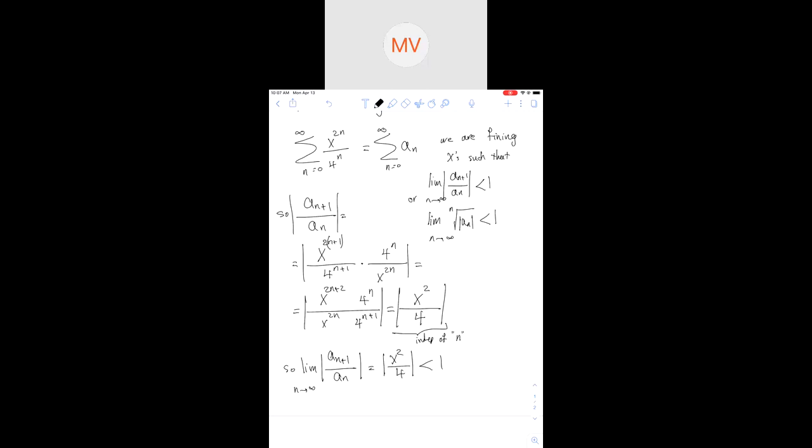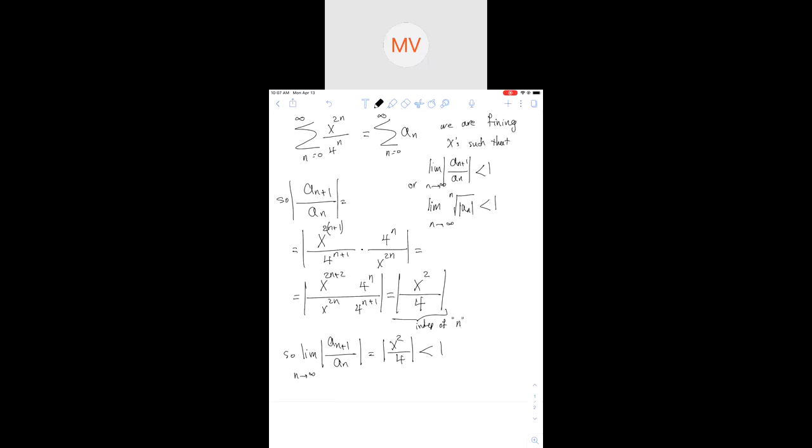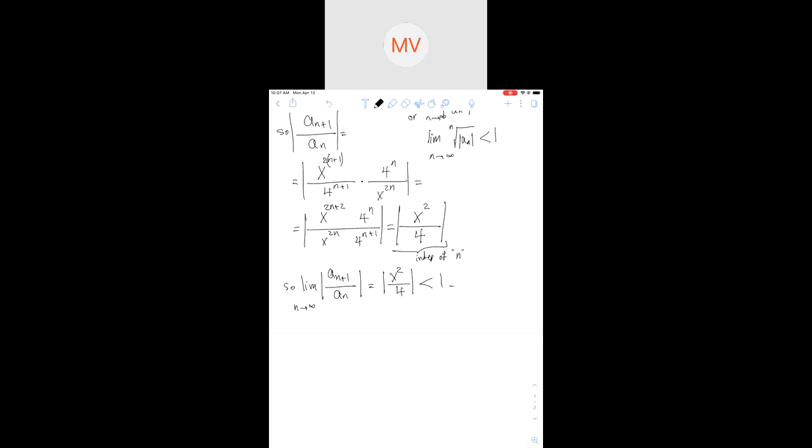Now this has to be strictly less than 1. Solve for x, find the range of x satisfying this inequality. So we get x squared is strictly less than 4. Take the square root, and remember, the square root of x squared is not x, it's the absolute value of x.